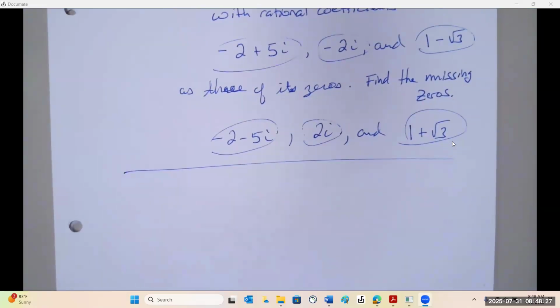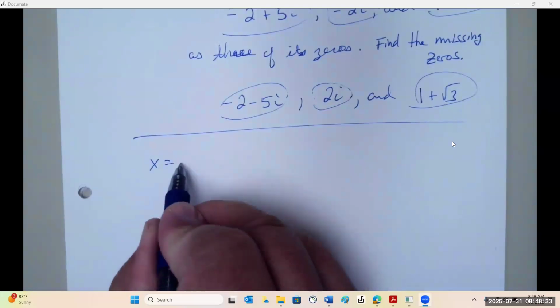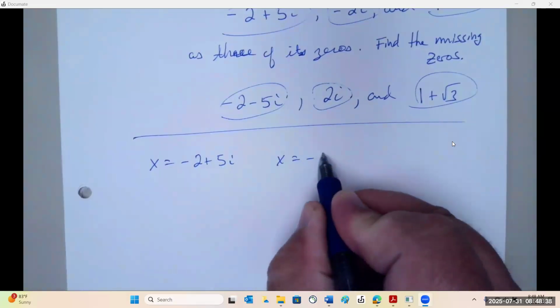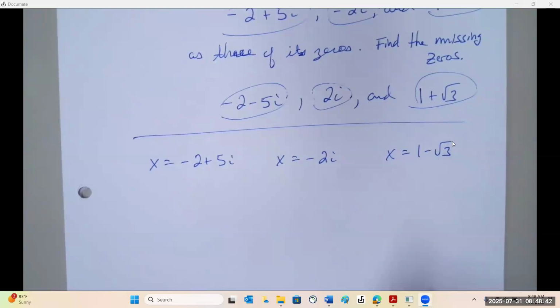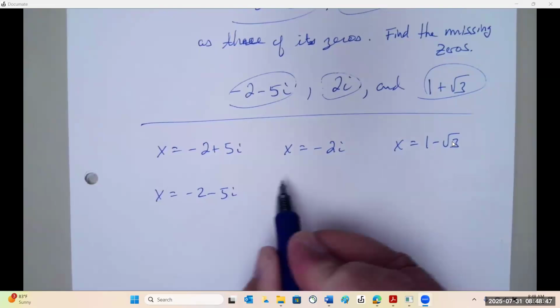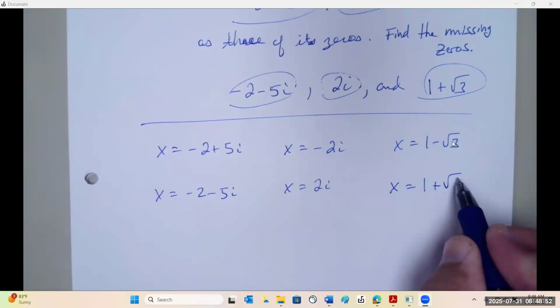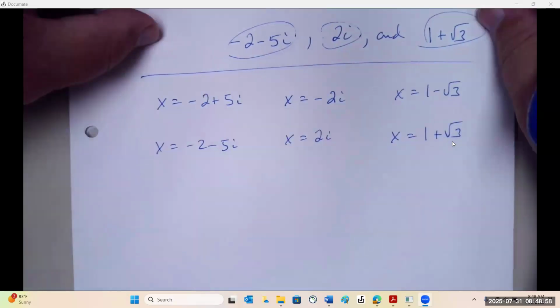And imagine putting that equation together. This is how you would do it. You would have to take each one of these and set them equal to x. Because that's what this part tells us.